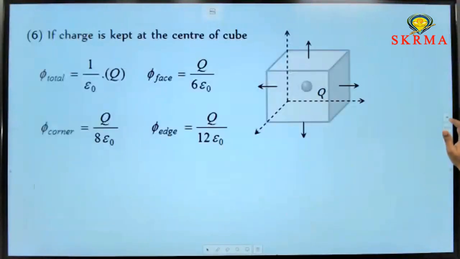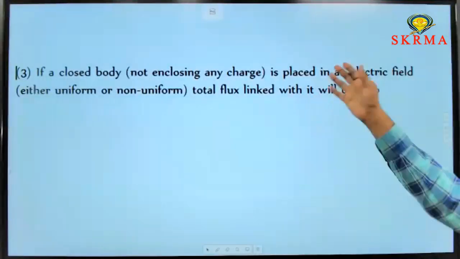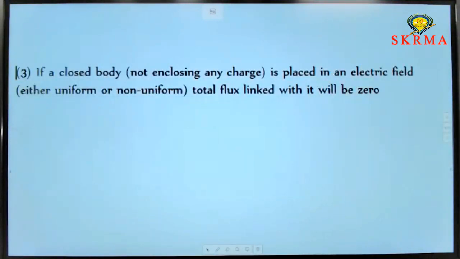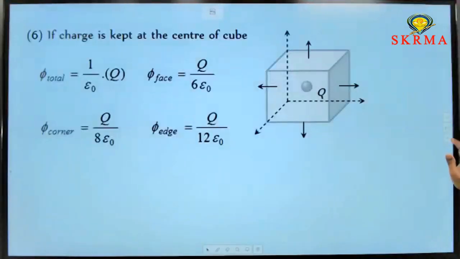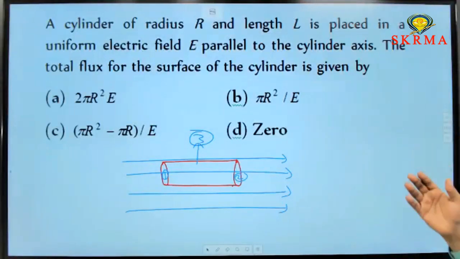What is the last point in Gauss law? If a closed body is placed in an electric field, the total flux linked with the body is how much? 0. Is it correct or not? So from this concept, we can conclude that the flux passing through the surface is equal to 0.